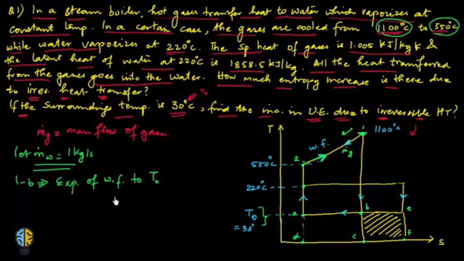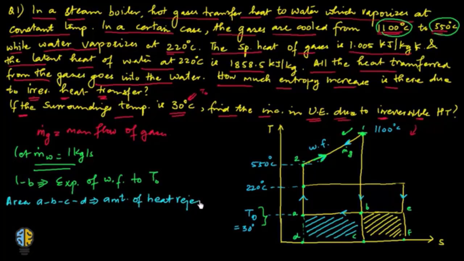The amount of heat that is rejected in this particular case during the expansion is given by the area ABCD. So area ABCD gives the amount of heat that is rejected.